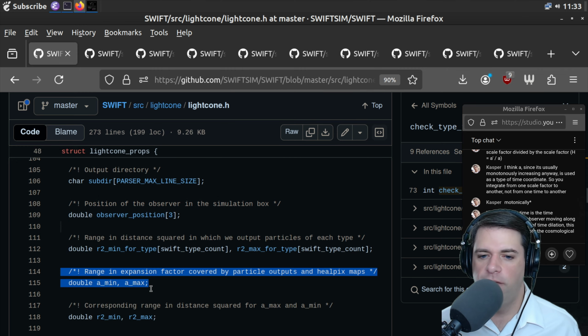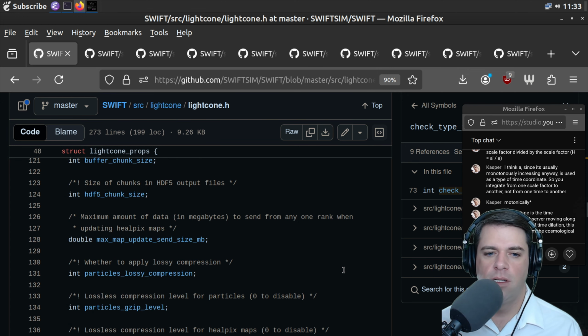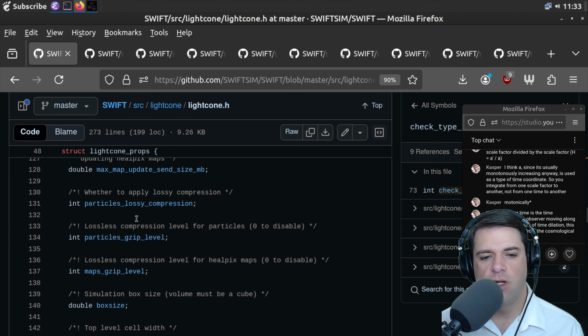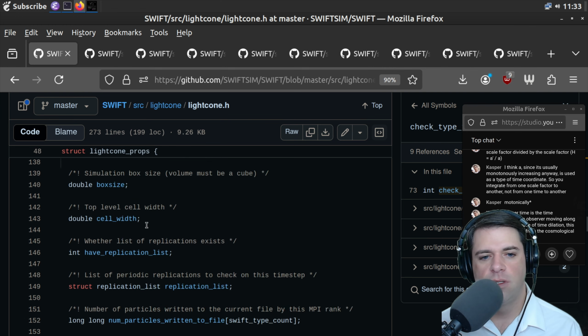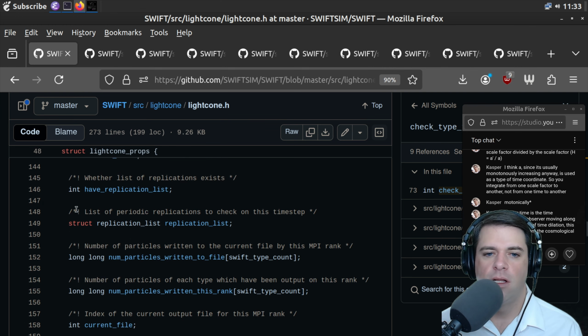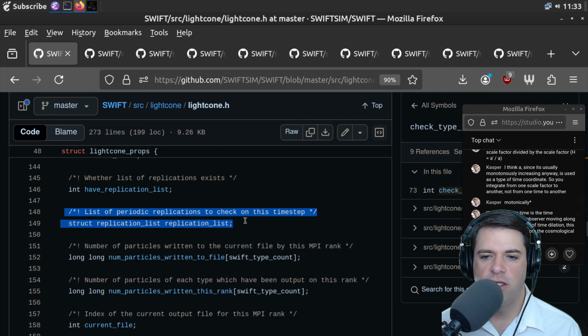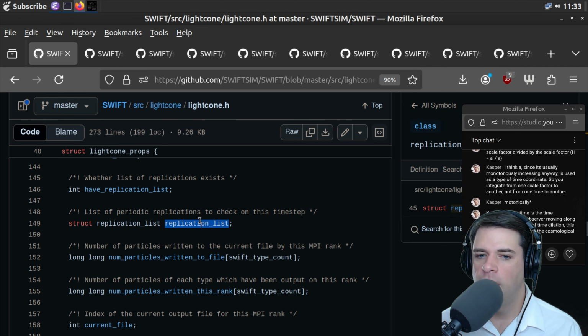And then we have range and expansion factor covered by particle outputs and healpix maps. And some buffer chunk size. This looks more like memory stuff, some gzips, box size. List of periodic replications to check on this time step. I don't know what we're replicating.